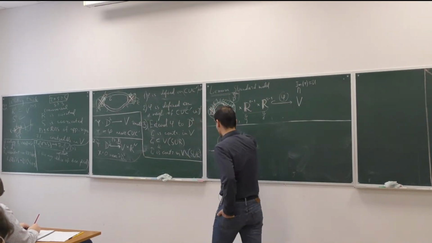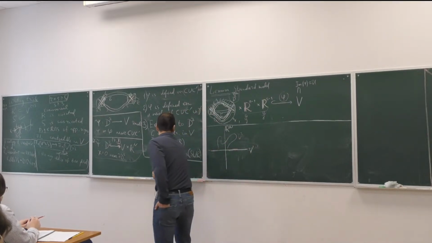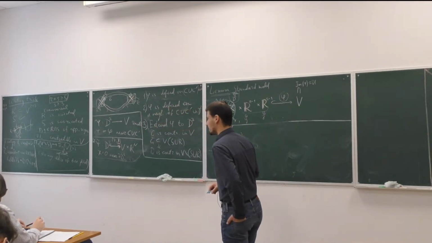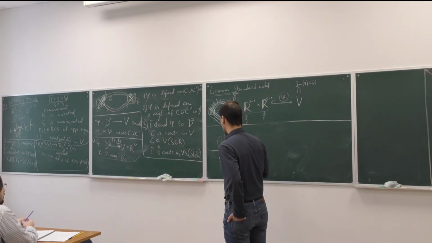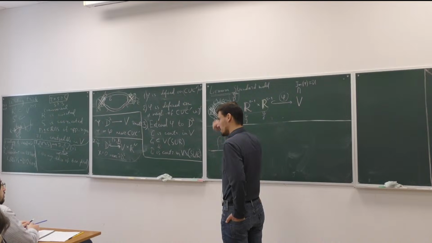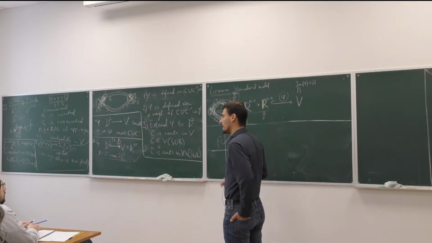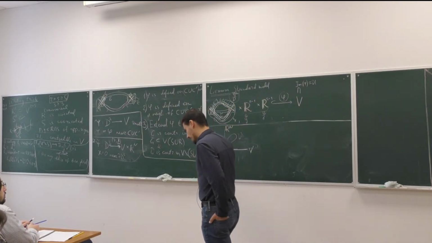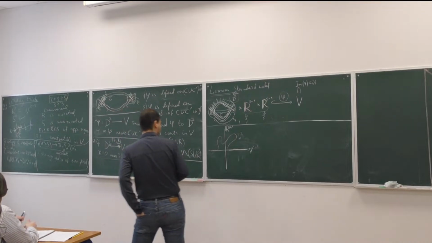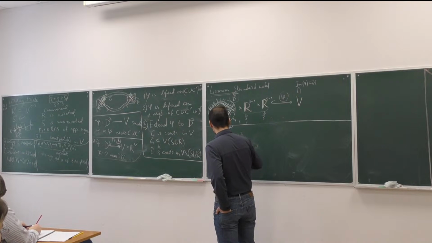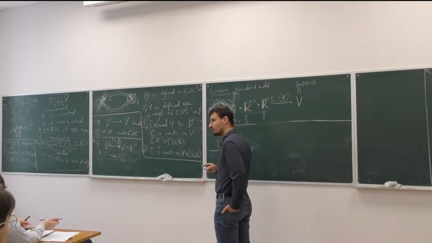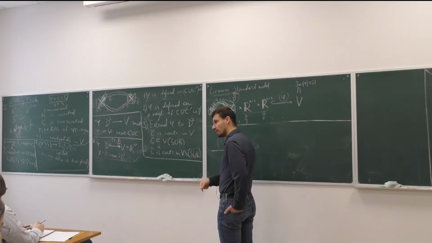I would like to project it along some one-dimensional direction, so that it remains an embedding. So what is prohibited? It is prohibited to project along a line which intersects the image twice.